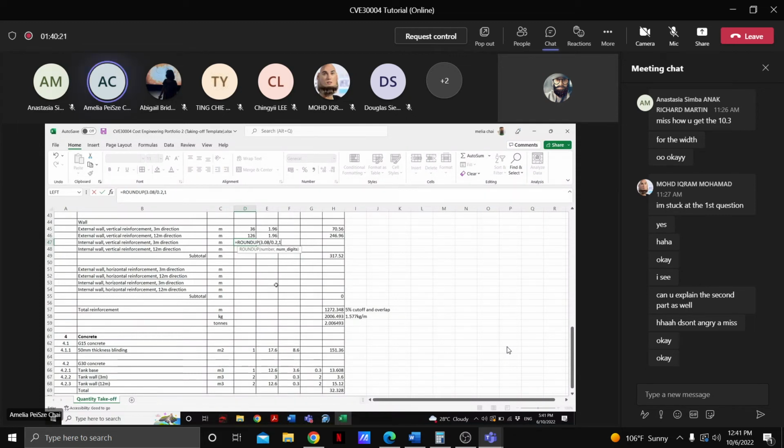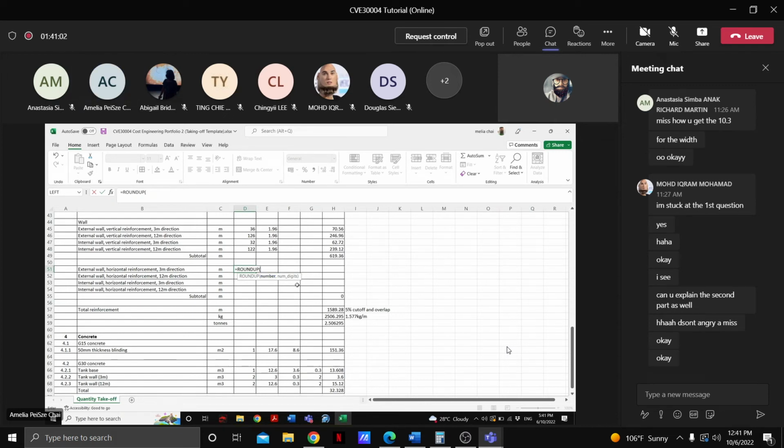Is it 0 or 1? Then we have 2, and one goes for here. This one is 12.8. Okay, so this one equals what? Round up.